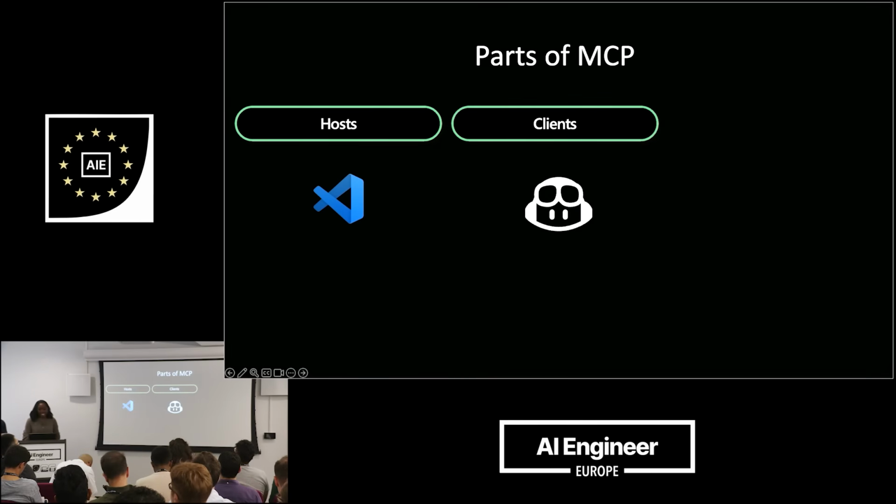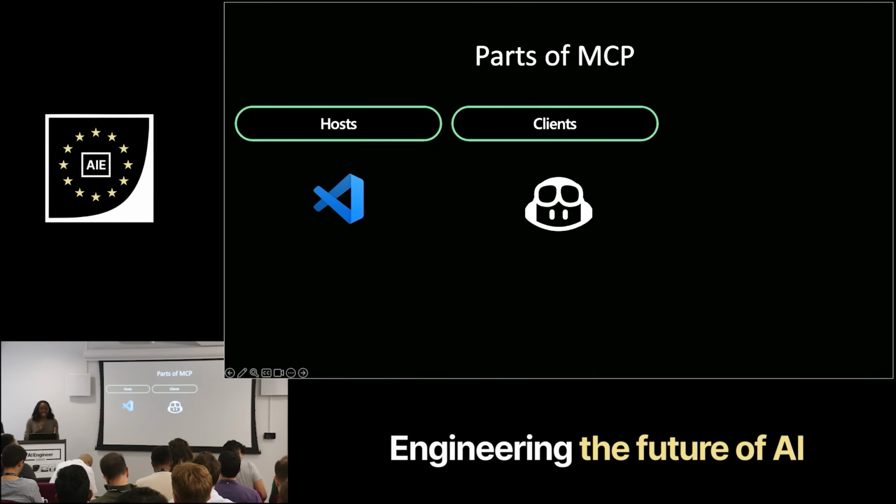The second thing is that we have clients, and these are sometimes going to be the same as the host, but not all of the time. These will maintain the one-to-one connection with the servers. In our case, in VS Code, we usually encourage people to use the client GitHub Copilot. And that's what we'll be looking at today.